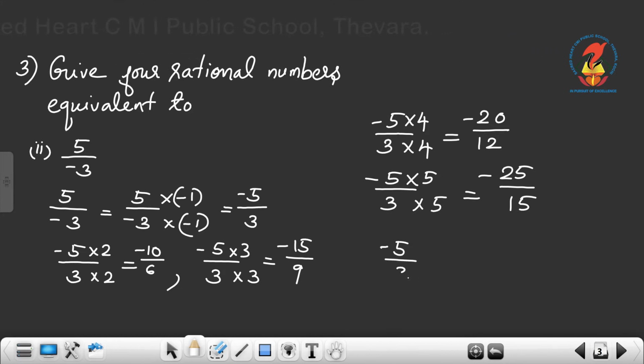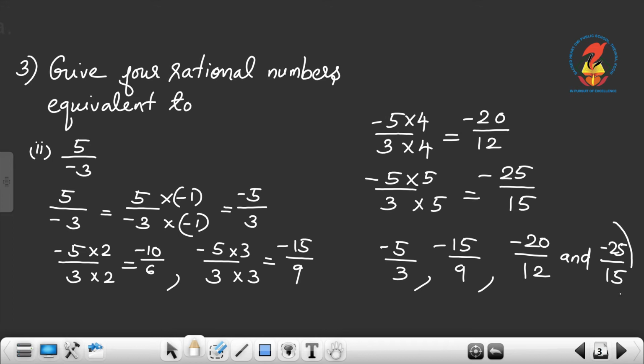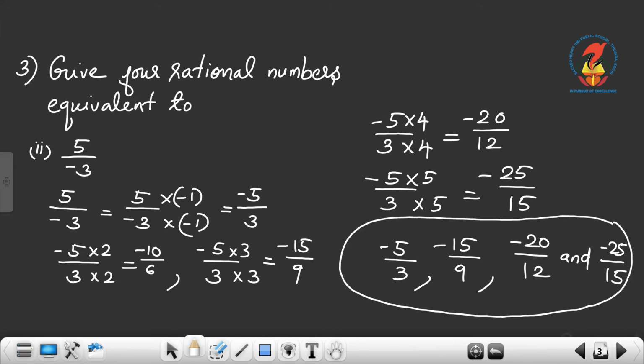Negative 5 by 3, then negative 15 by 9, negative 20 by 12 and negative 25 by 15. So we got 4 rational numbers equivalent to the given rational number 5 by negative 3.